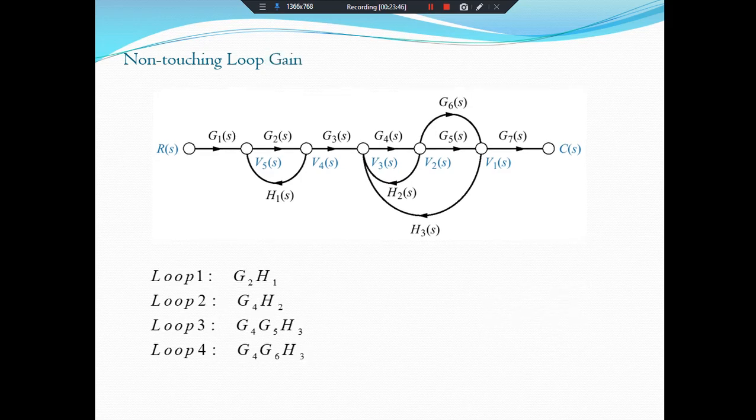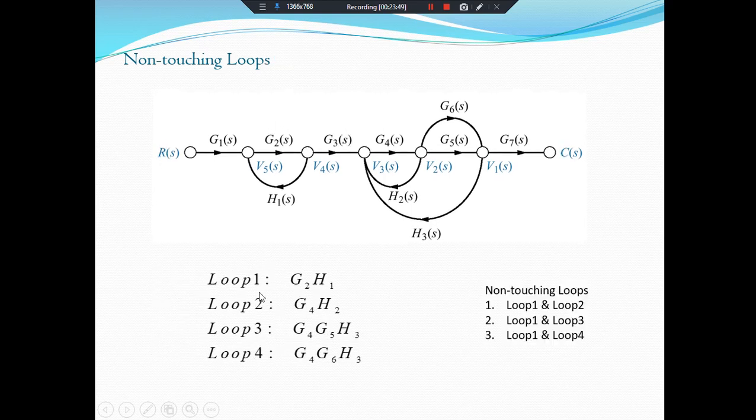So non-touching loop gain means, as is clear from the statement, the product of loop gains from non-touching loops taken two, three, four or more at a time. If we multiply the loop gains of loops 1 and 2, taking two non-touching loops at a time, that will be a non-touching loop gain. If we want to take three at a time, then the product of the gains of loop 1, loop 2 and loop 3 will be the non-touching loop gain.